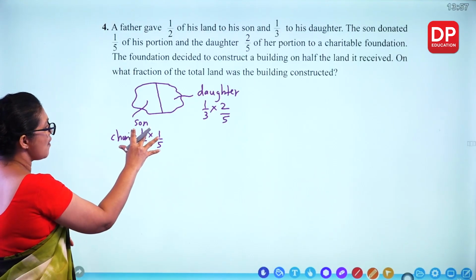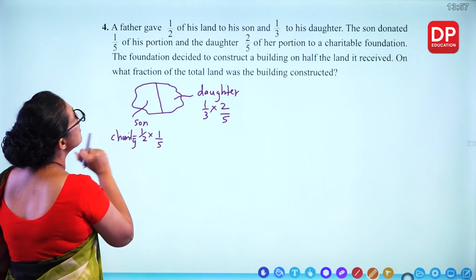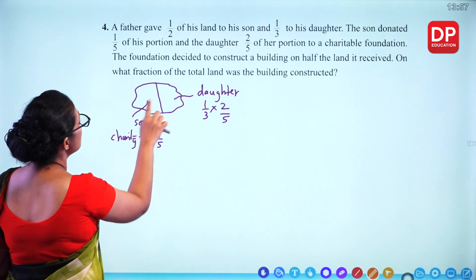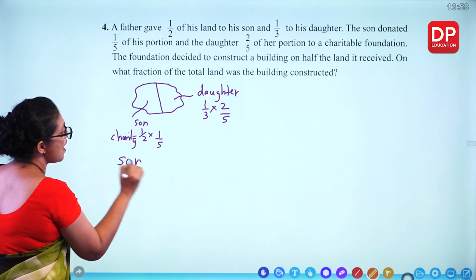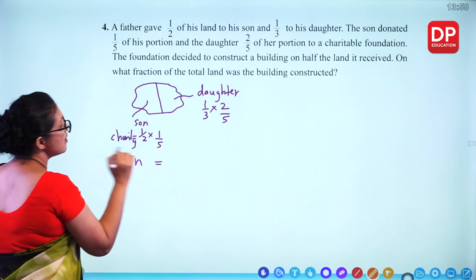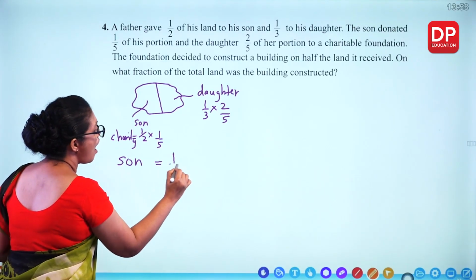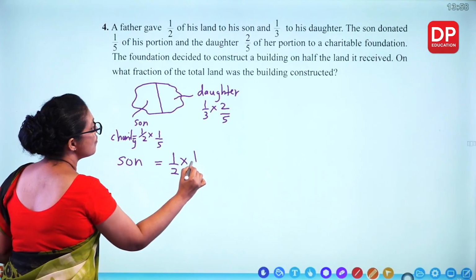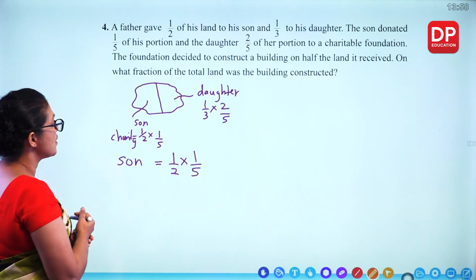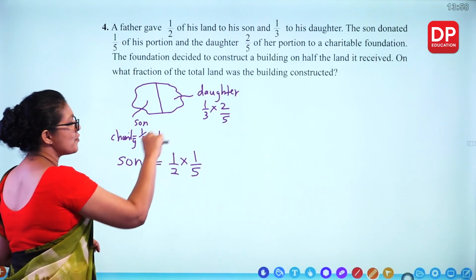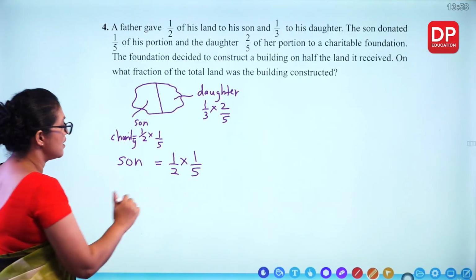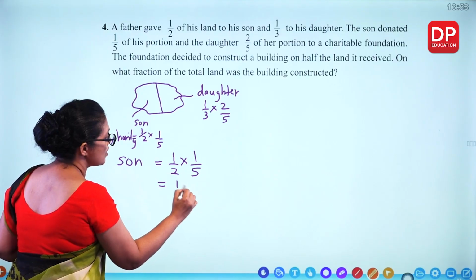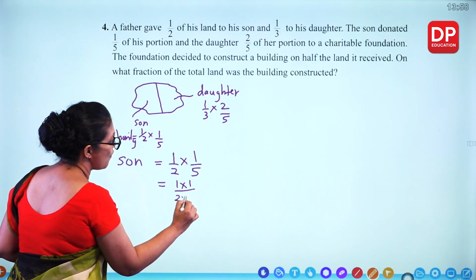Now first we'll find out the land that the son gave. Son gave 1/5 of the part he got. So that's 1 times 1, 2 times 5.